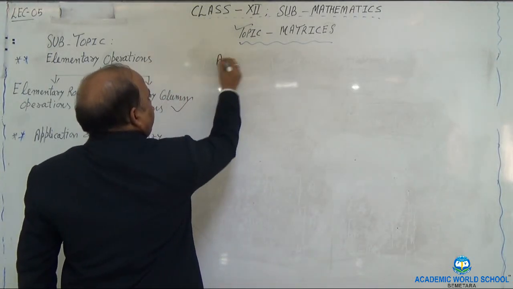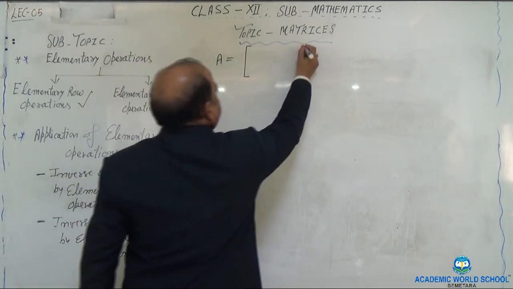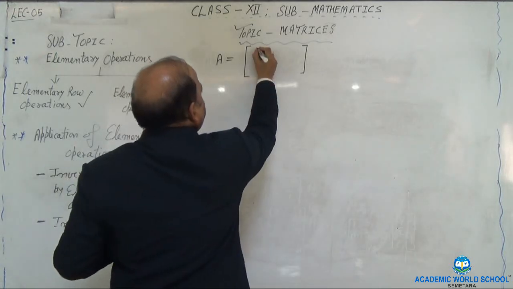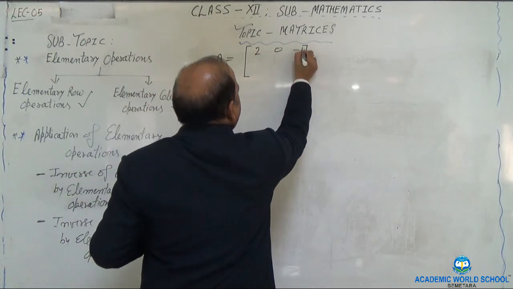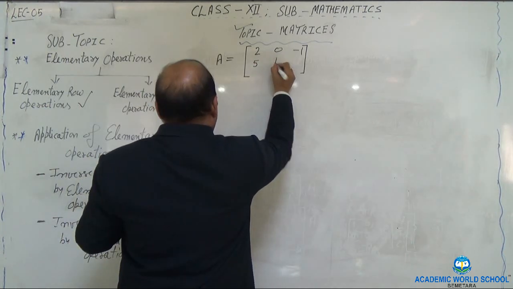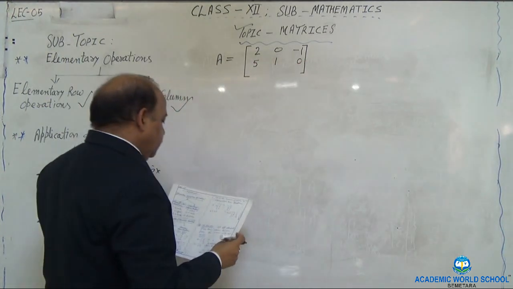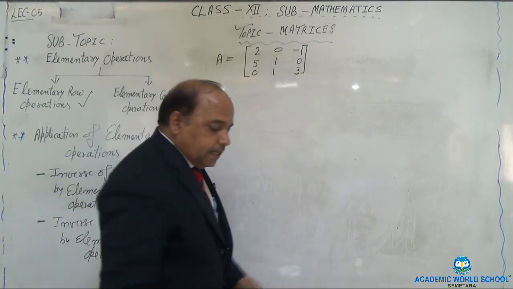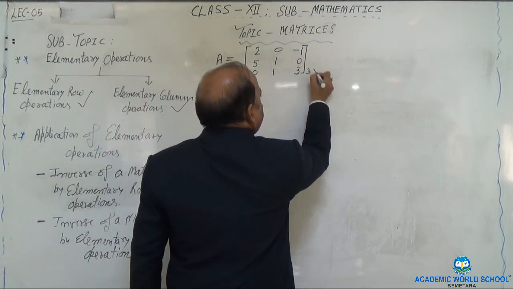Let's say A is given by 2, 0, minus 1; 5, 1, 0; 0, 1, 3. This is a 3 cross 3 matrix.